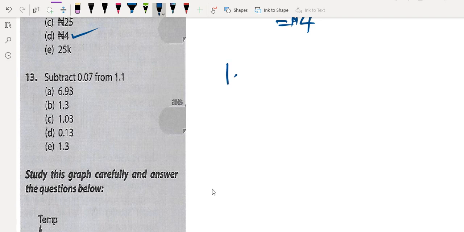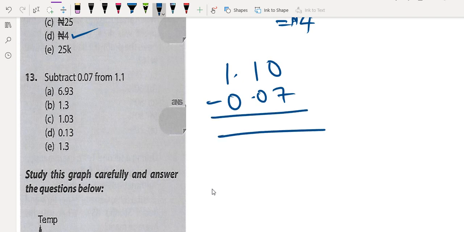So 1.1 is the same thing as this, right? Yeah. Minus what? Let's go. 0 minus 7. Borrow 1 from here. Here will be what? 0. Put it here as well. 10 minus 7. 0 minus 0. 1 minus 0. Option C.